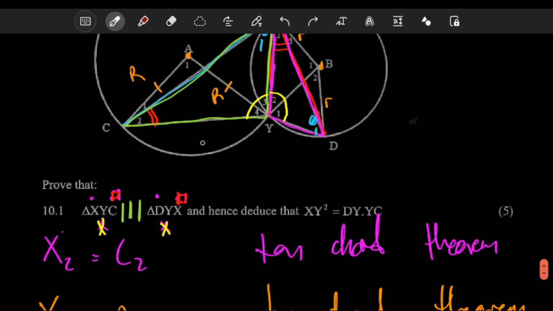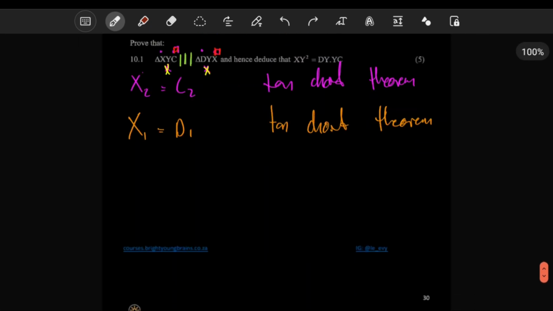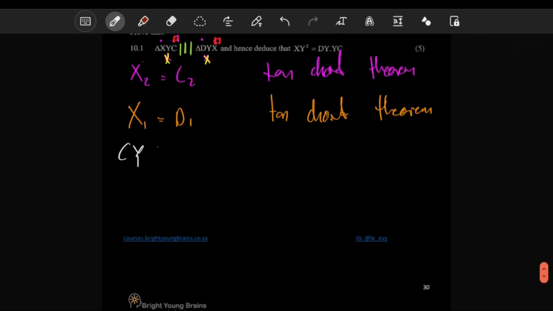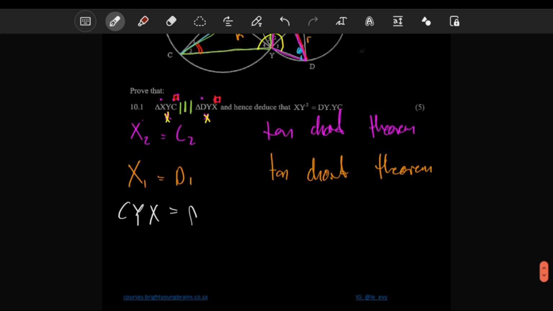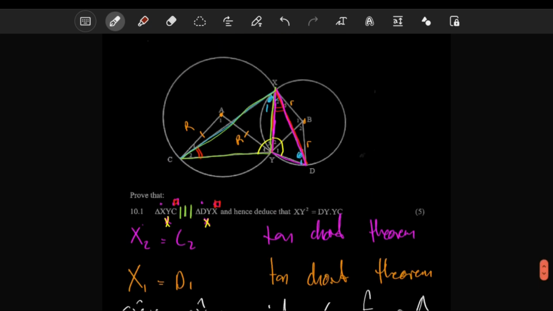So here we can say angle CYX is equal to angle DYX. The reason is interior angles of a triangle. Because if two pairs are equal, the third ones automatically have to be equal to each other as well.